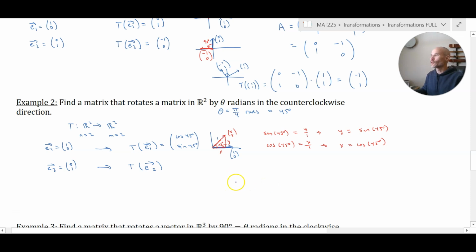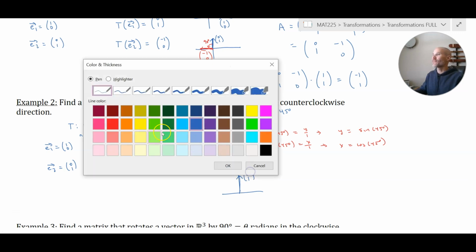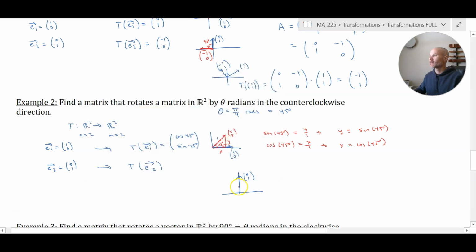Now to do E2, we're going to draw the same thing, except that's going to be the vector 0, 1. And if we rotate that guy 45 degrees, it will look roughly like that. And now we can form a right triangle, but I'm going to form it relative to the vertical axis.